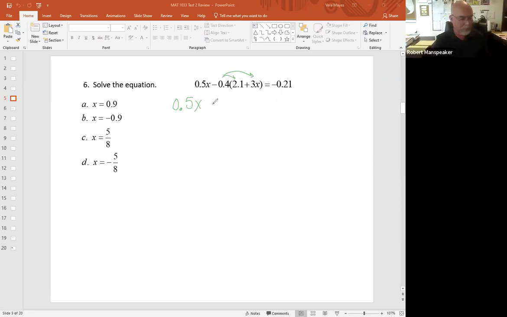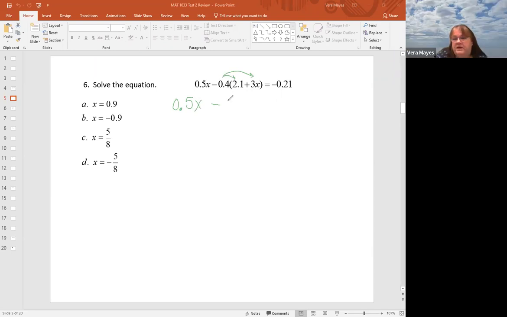Negative. Thank you. So this gives me a negative 0.84. Take a negative times this positive, it's going to give us another negative. So 0.4 times 3, 1.2 with an x. And then I've got a negative 0.21 over here. So I'm looking to add up like terms. I see this one has an x and this one has an x.